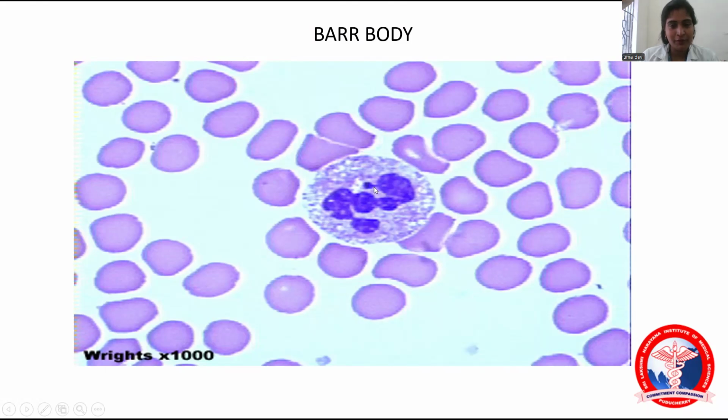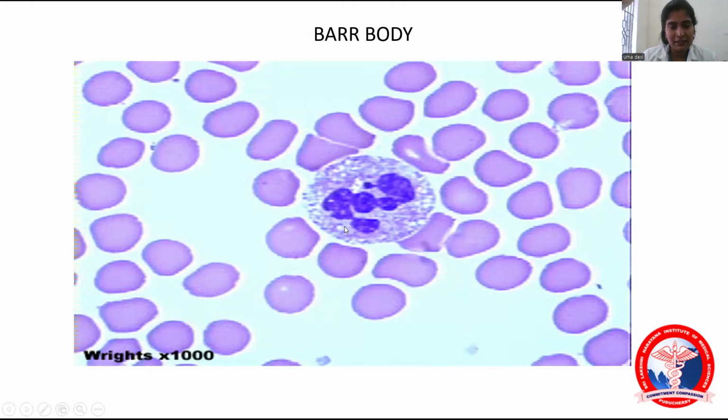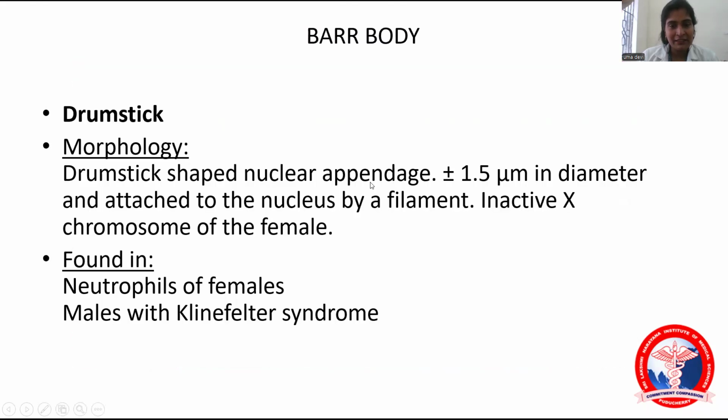And this is what we call a Barr body or a drumstick-shaped appendage. These we see in cases of females. And this is very easy to identify in a peripheral smear. Imagine you do not know the sex of the patient who gave the sample, and you see such neutrophils having a Barr body, then you can easily tell this is a sample of a female.